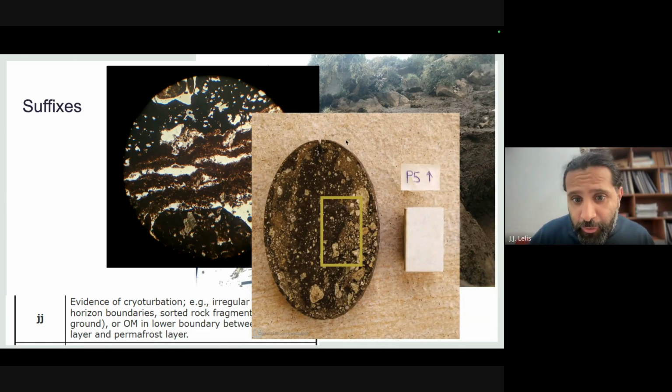This sample I took is an undisturbed sample, and if you pay attention, you can see that in the middle of the sample, I'm sorry, we have a darker, redder color than the opposite layers, than the borders. This reddish color is related to clay migration from the deepest horizons to the top.